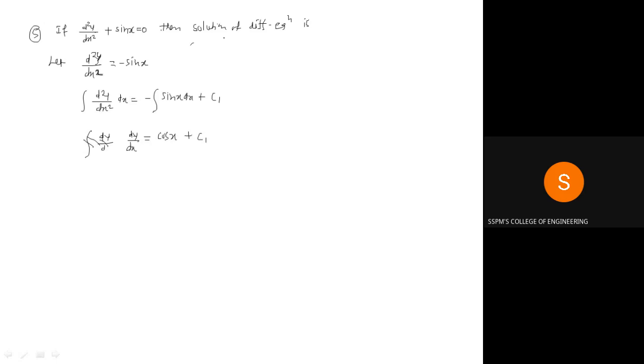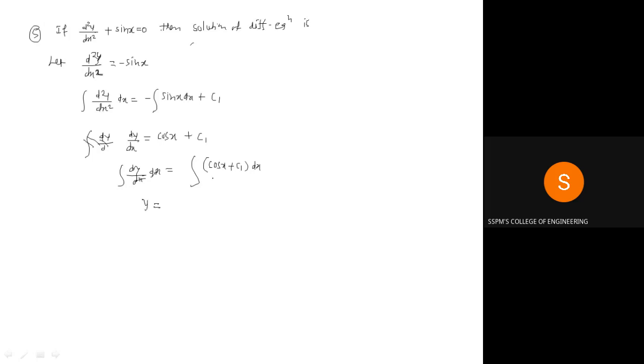Now you need to find the solution, meaning to find y in terms of x. So once again you find the integration. Integrating dy by dx on both sides with respect to x, into dx is there, so dx gets cancelled and the integration of dy is y.